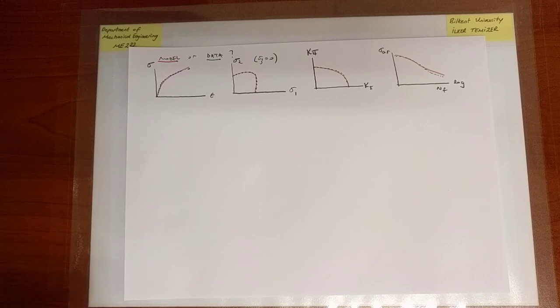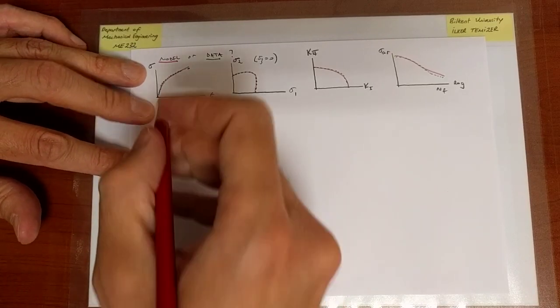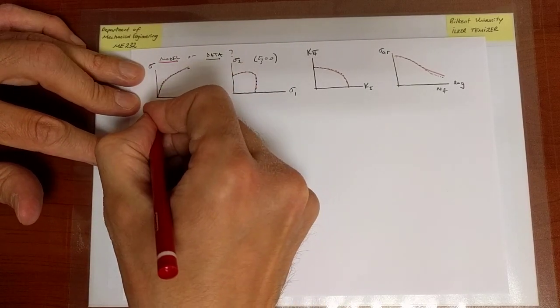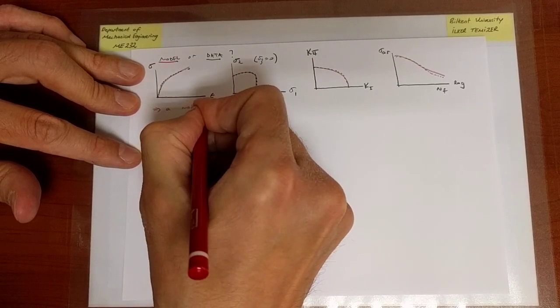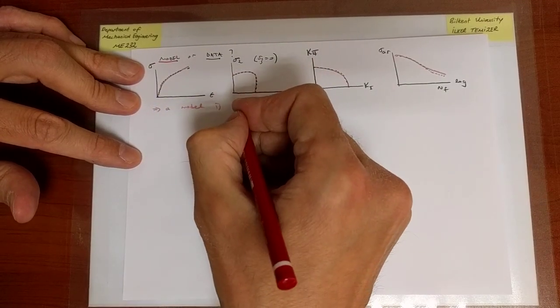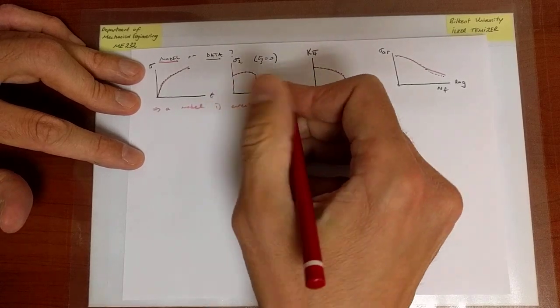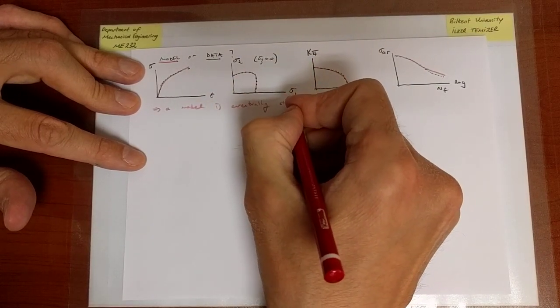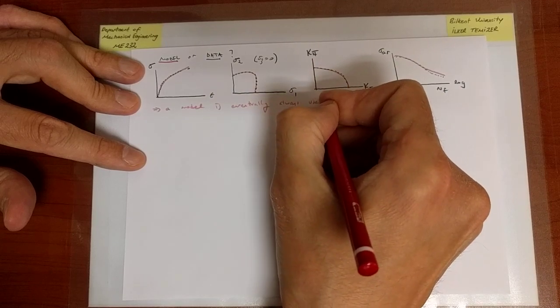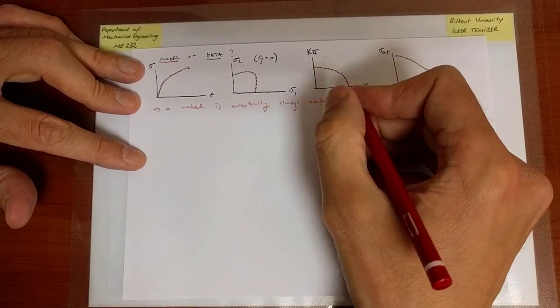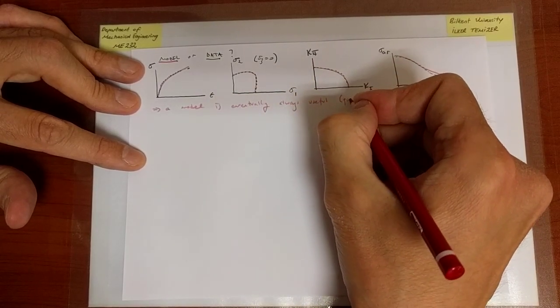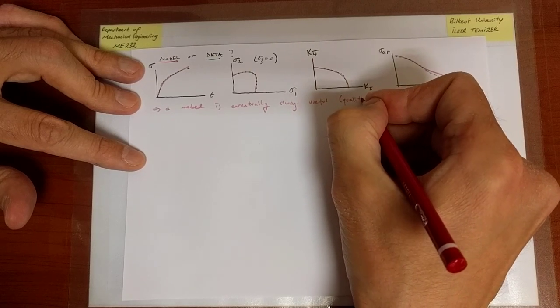A model is eventually always useful in qualitatively and quantitatively describing the mechanics of failure, and that's what we are going for. So a model is eventually always useful quantitatively, or at least qualitatively.